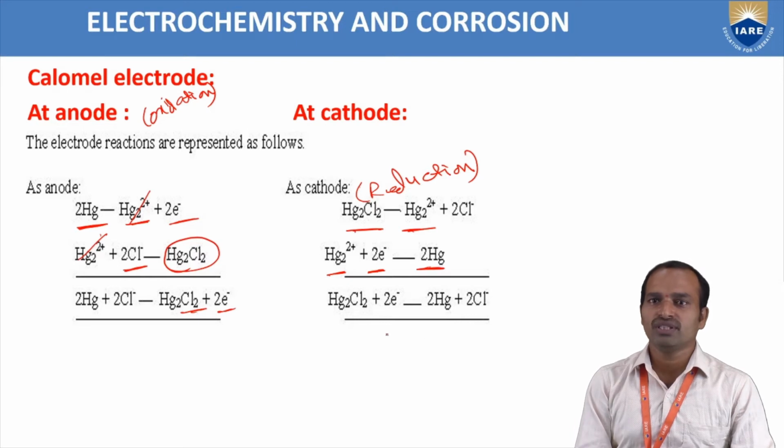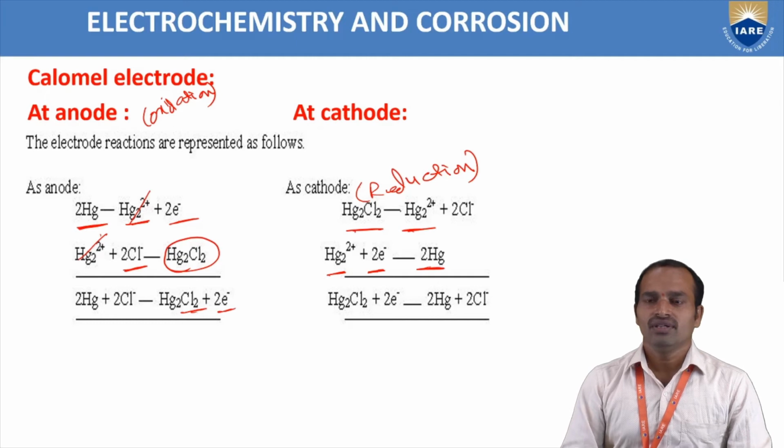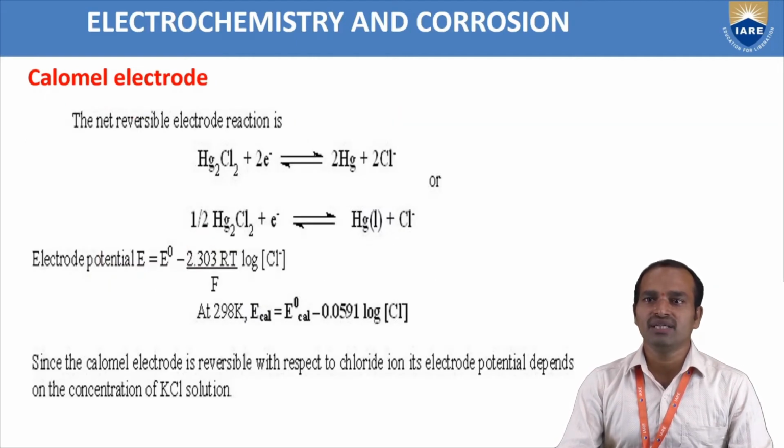The calomel electrode does not act only as an anode or a cathode; when it is connected to another electrode, it acts as either anode or cathode. The electrode potential value mainly depends upon the concentration of KCl solution.